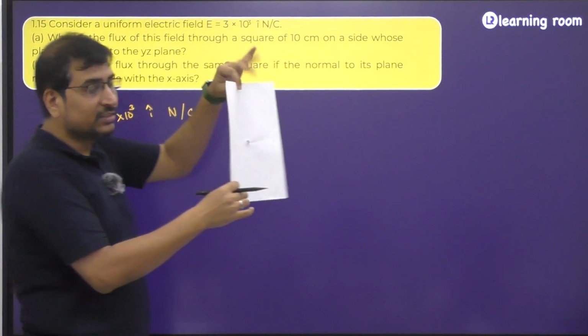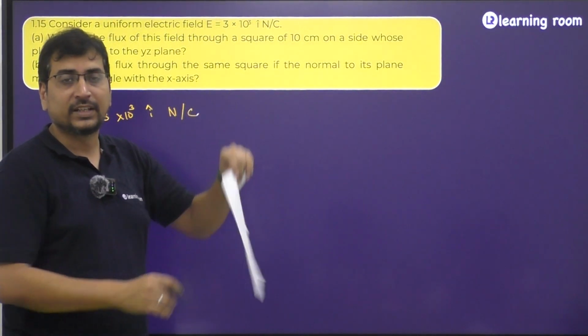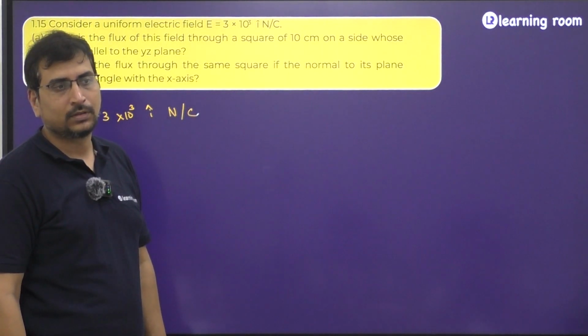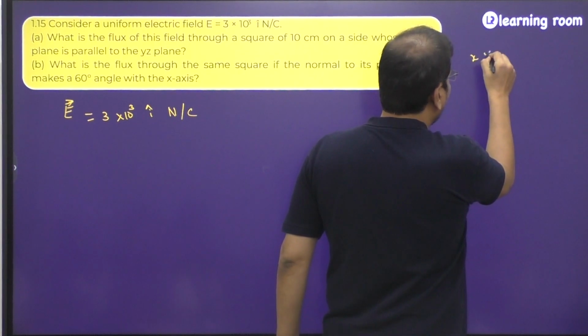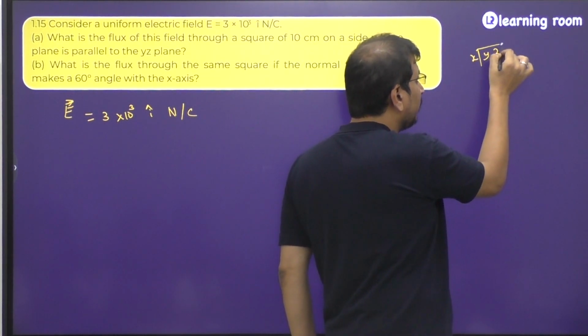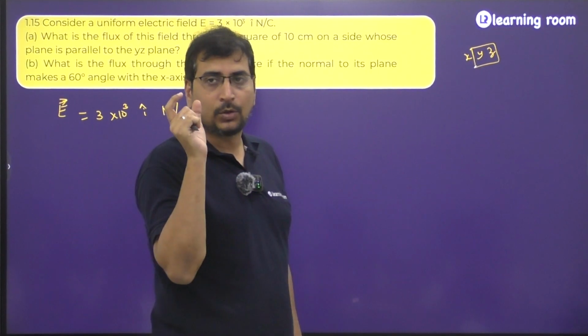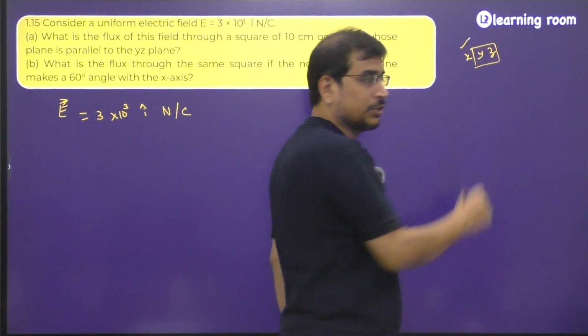Whenever a plane is parallel to the YZ plane, what will be the direction of its area vector? See, it's very simple. If any shape is confined to the YZ plane, its area vector will be in this direction, the x direction.